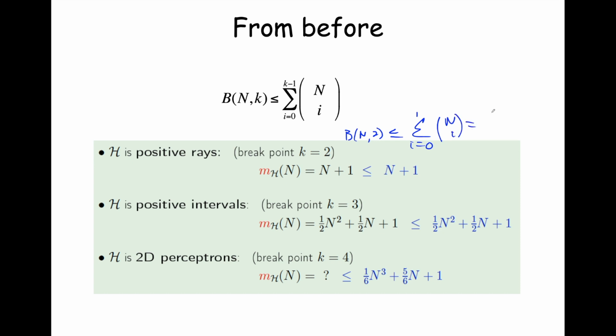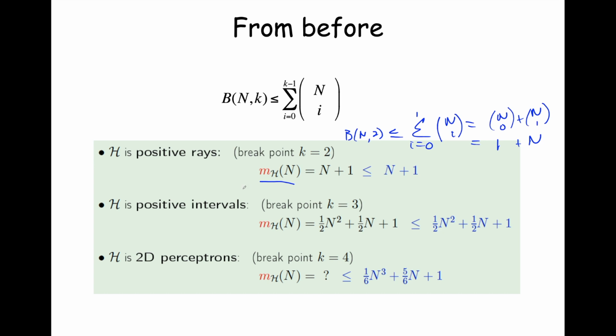That's equal to n choose 0 plus n choose 1. n choose 0 is 1, and n choose 1 is n. So we get 1 plus n, or n plus 1, and that's exactly what our growth function was for the positive rays.